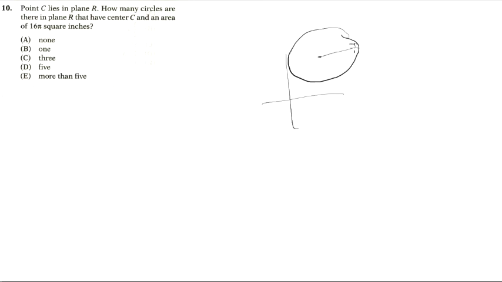Well, if this is r, then we have pi times r squared, and we're told that this is 16 pi square inches. The pi cancels, r equals 4. There is only one circle that has a center C with a radius of 4.